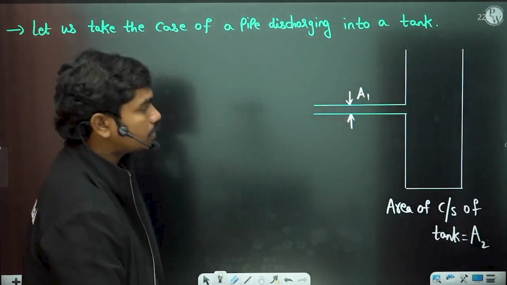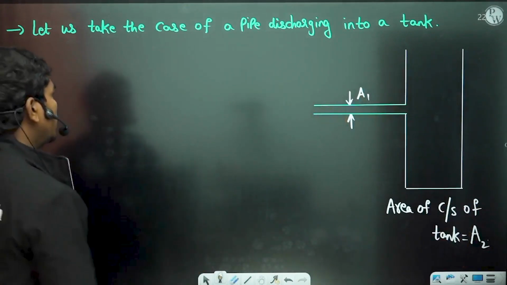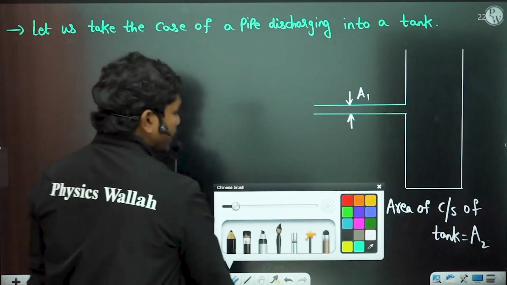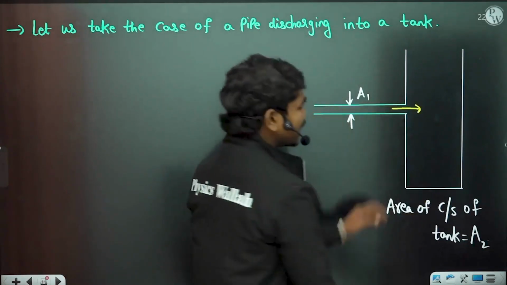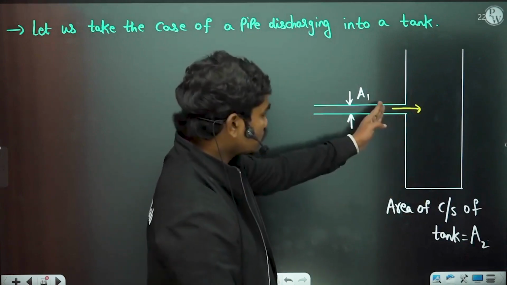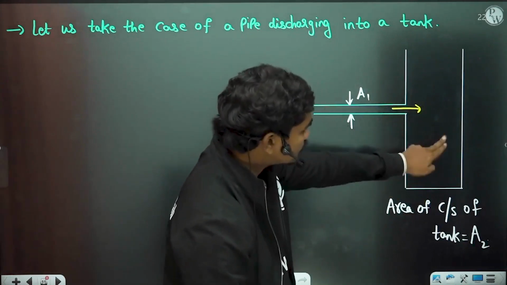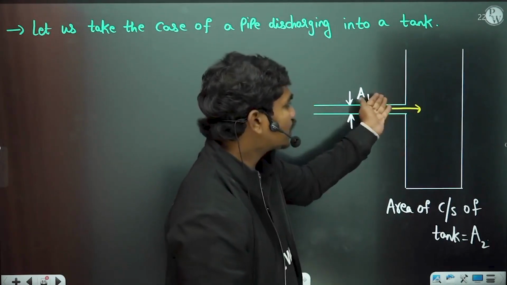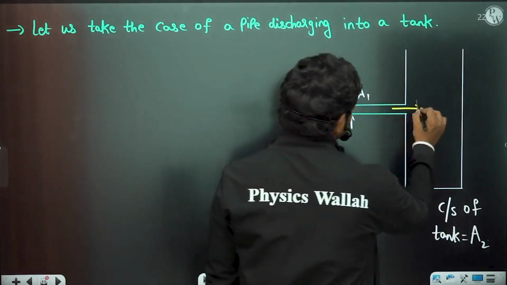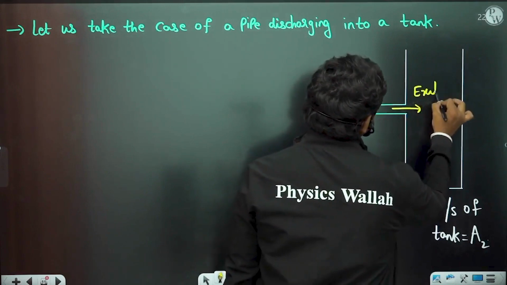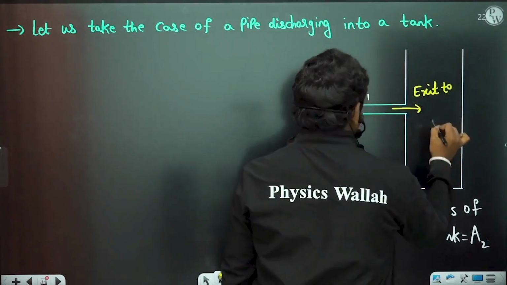Now let us see what happens here. If you want to calculate the loss, you can understand this as one point. Whenever the fluid is going here, you can call this the exit loss, because the fluid is exiting from the pipeline into the tank. So, exit from pipe.